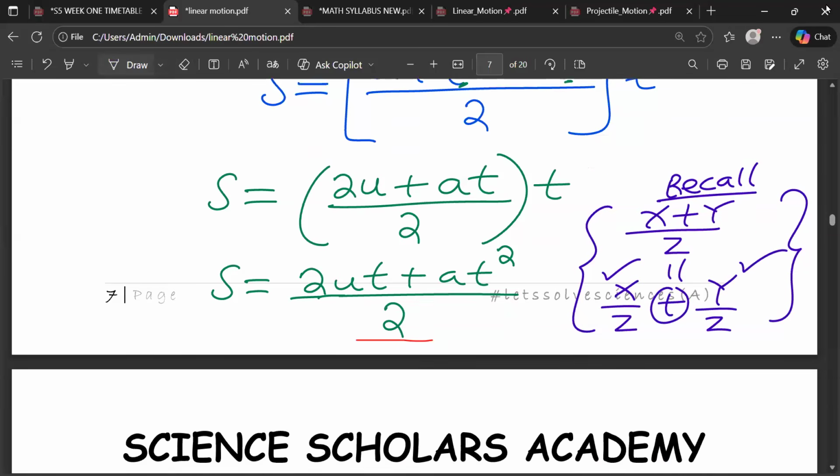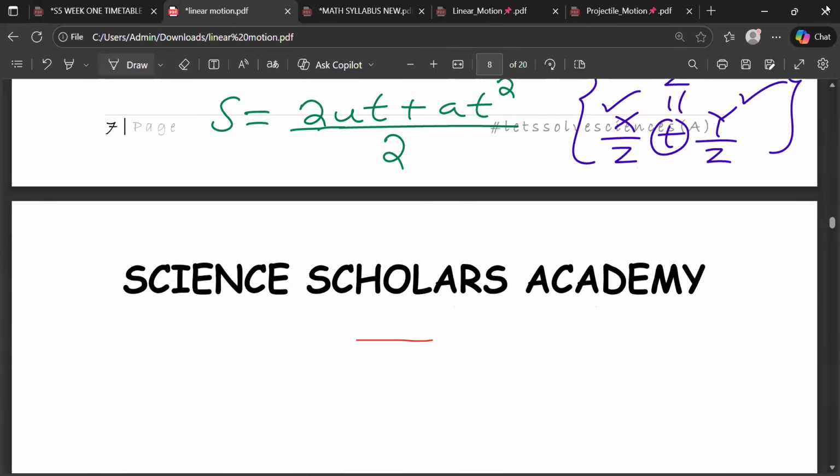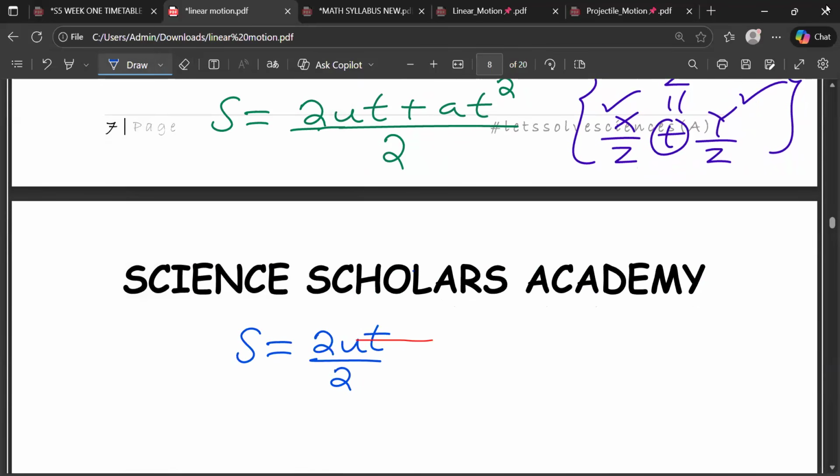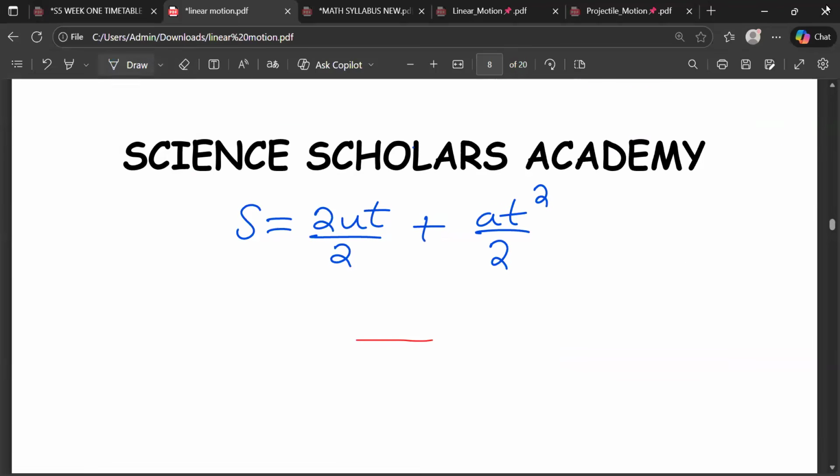So I'm going to do the same thing here and split. So we have s is equal to 2ut over 2 plus at squared over 2. Then I'll simplify and I will obtain the second equation of motion.